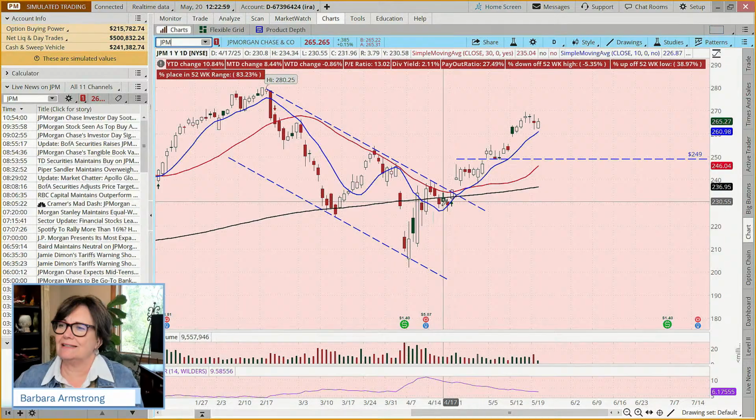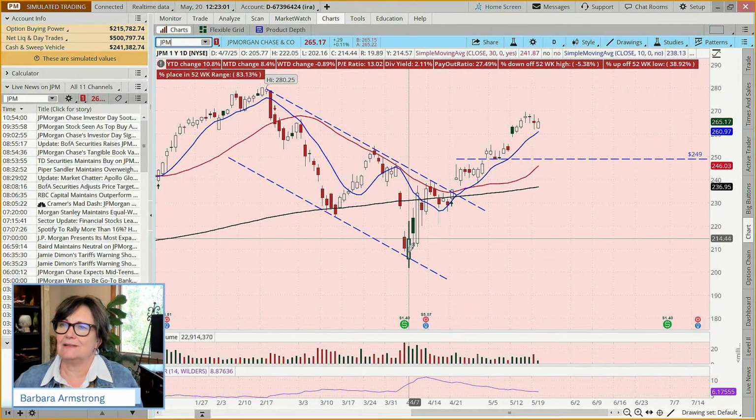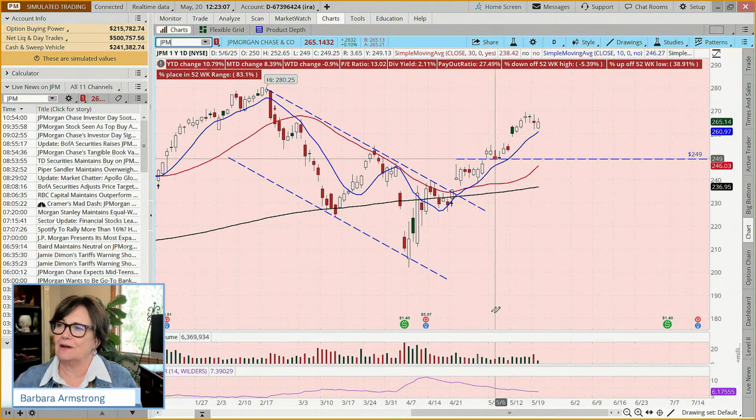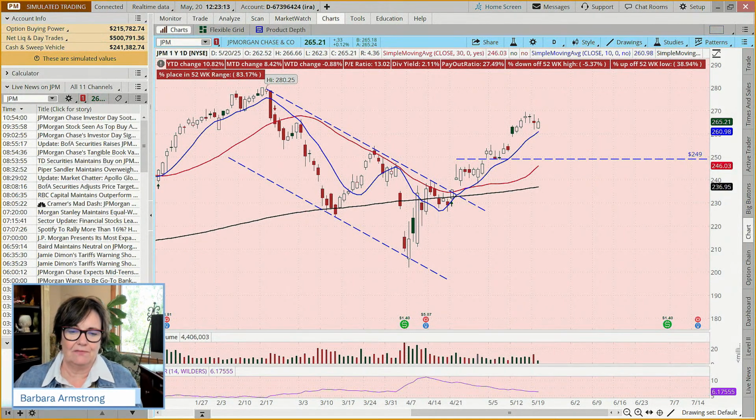Since it hit this bottom back on April 8th, when a lot of other things hit their bottom too, do you notice a pattern? They're not perfect, but if we start drawing some lines here, do you see a kind of bull flagish pattern?